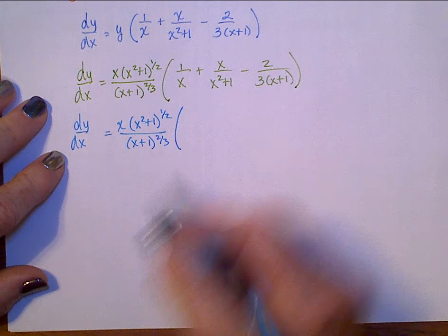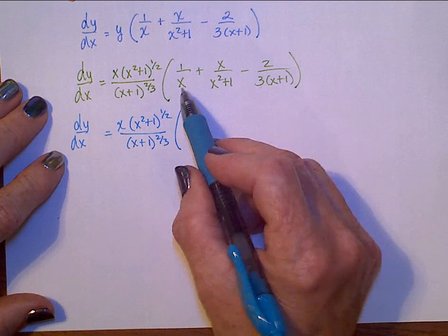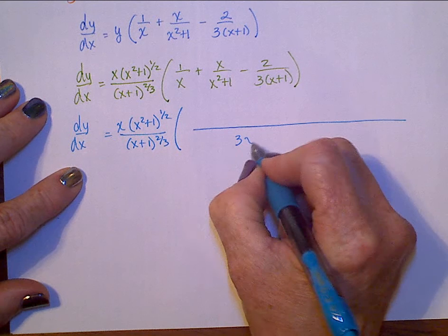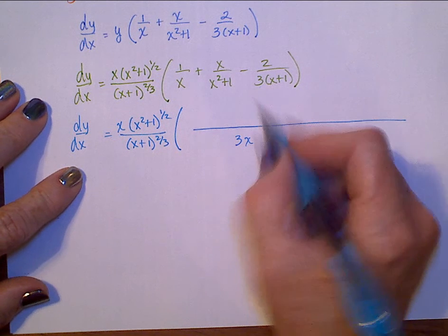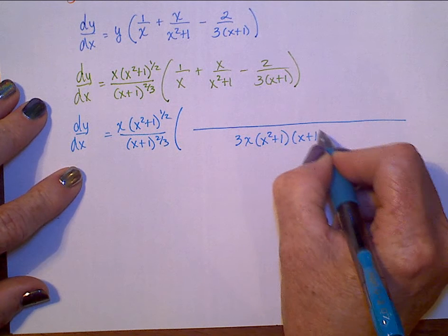Common denominator is going to be a 3 and x. We'll need an x squared plus 1 and an x plus 1.